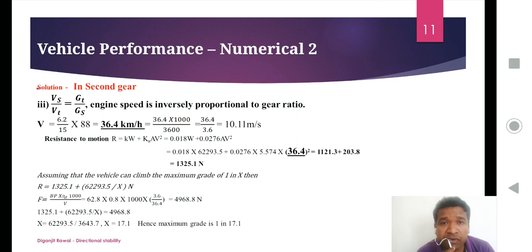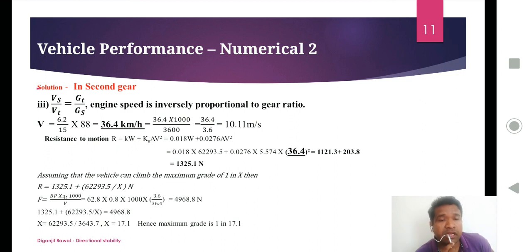So calculating the value for x, it becomes 62,293.5 divided by 3,643.7. So x is equal to 17.1. Hence, the maximum grade is 1 in 17.1.